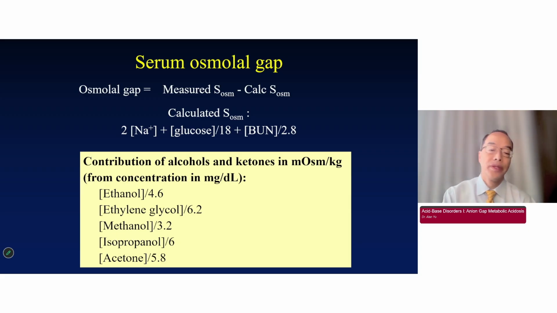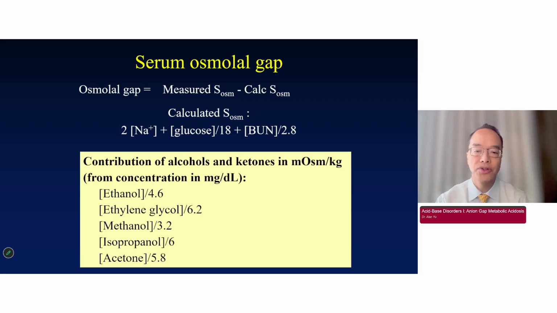It's not something, again, that you need to memorize, but it's actually really useful to know that if you have other unmeasured osmoles in your blood, if you can measure it, you can actually calculate their contribution to this osmolar gap. And it's simply the concentration, again, in milligrams per deciliter, divided by 1/10 of their molecular weight.